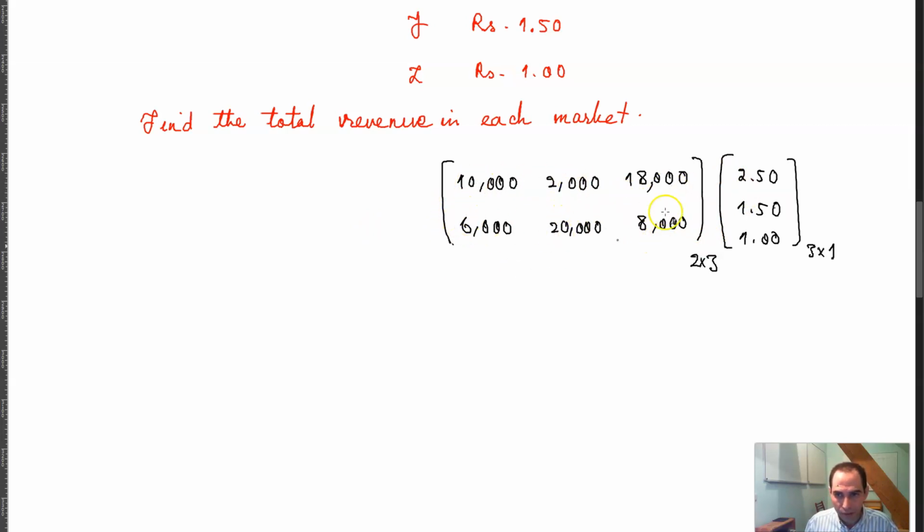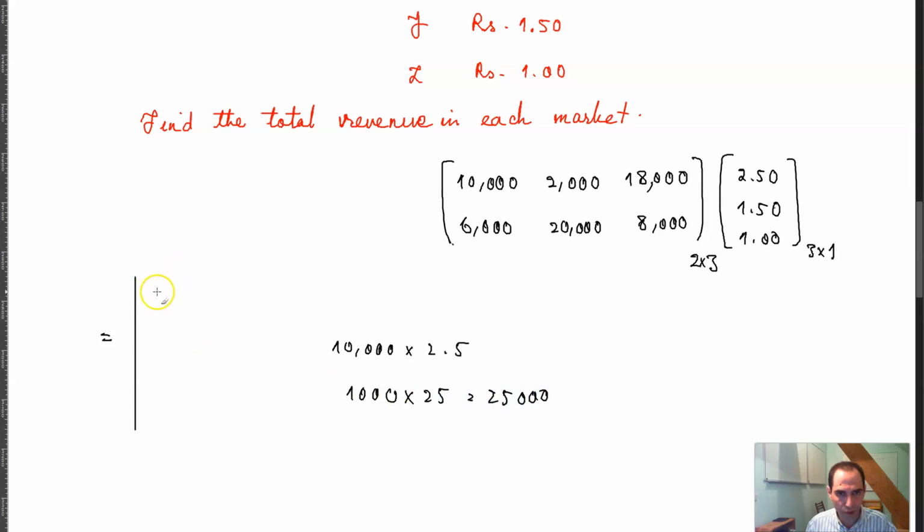So now I can do this matrix multiplication, and we said that we would get a 2 by 1 matrix. So I'm going to multiply this by 10,000 times 2.50. That would be 100 times 250. 10,000 times 2.5 is the same thing as basically 1,000 times 25, which is equal to 25,000.